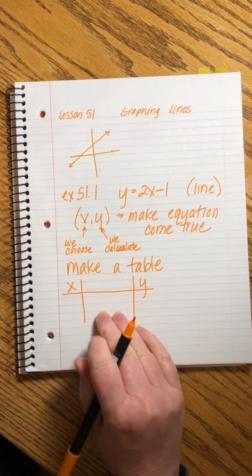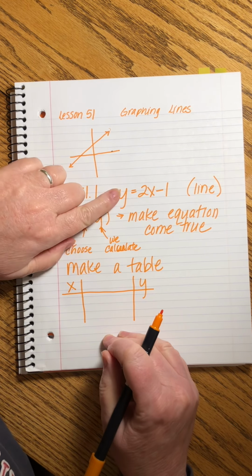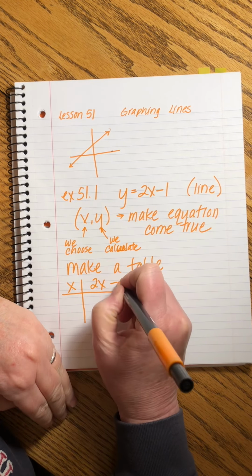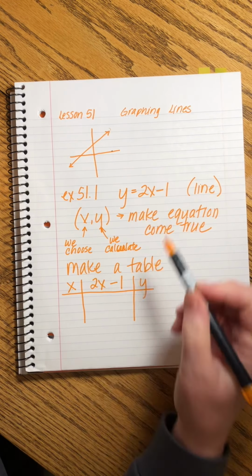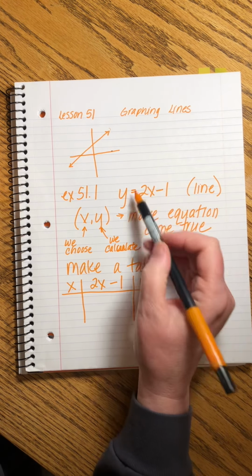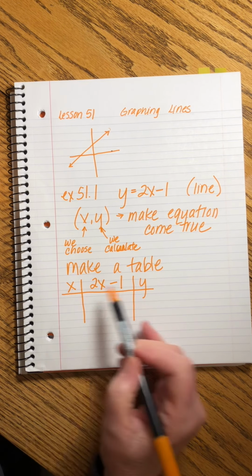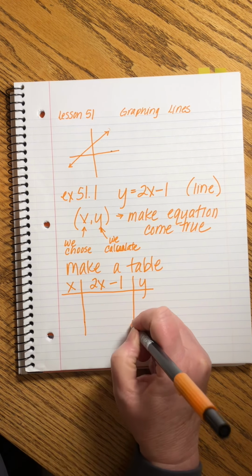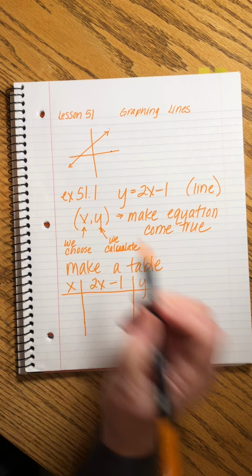In the middle is a column where we write the part of the equation that y equals. That's always the same. The x and y values will change, but all the rest stays exactly the same in the tables.